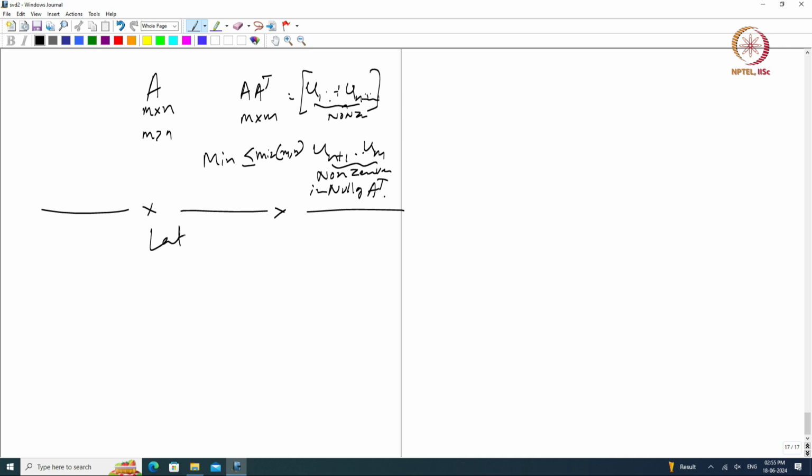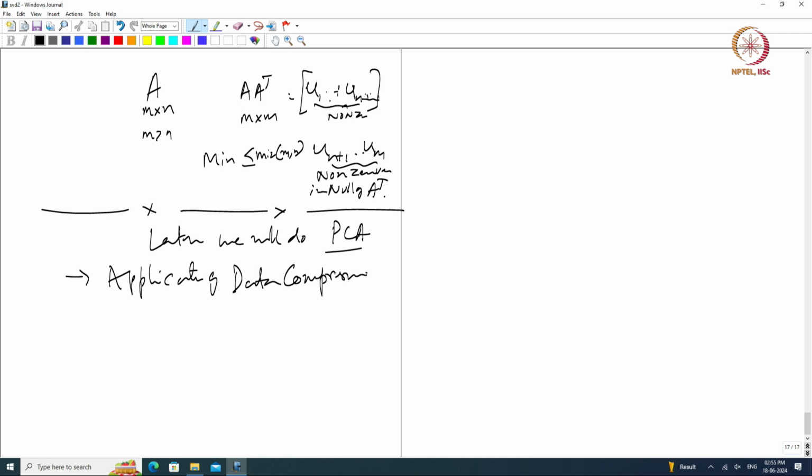Later we will do principal component analysis, which is also an application of data compression using linear algebra, which is almost identical to the SVD analysis.